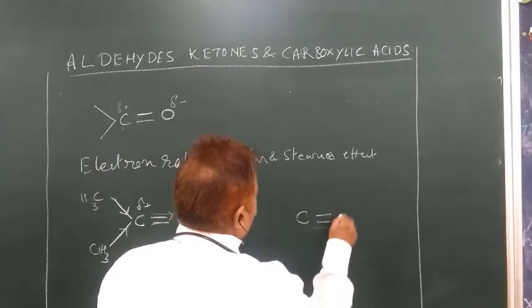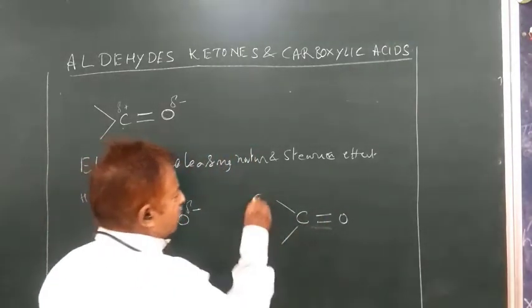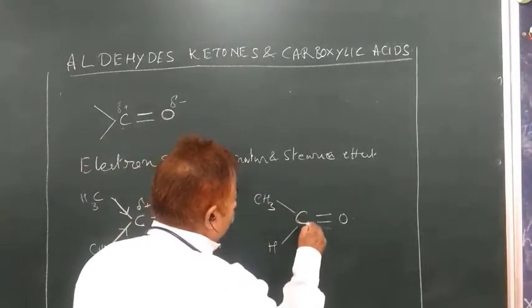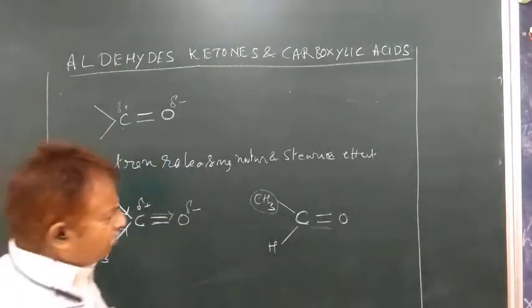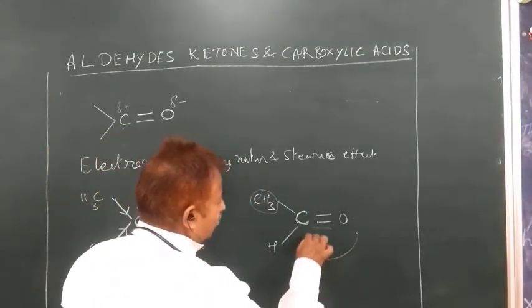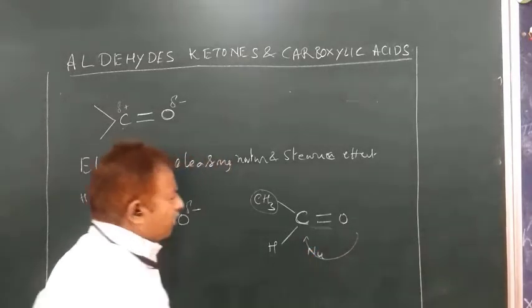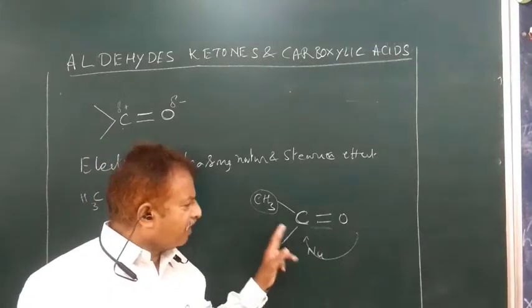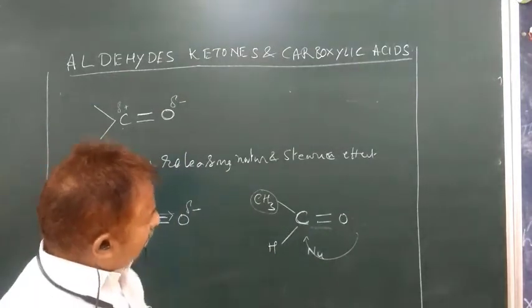On the other hand, the steric effect. See, C double bond O, these are carbon atoms, and of course this is a CH3 group. Around this carbon, the CH3 group is a bulkier group. Now the nucleophile attacks. This is the nucleophile. Because of the bulkier group, the incoming nucleophile is prevented to some extent. This is in aldehydes.